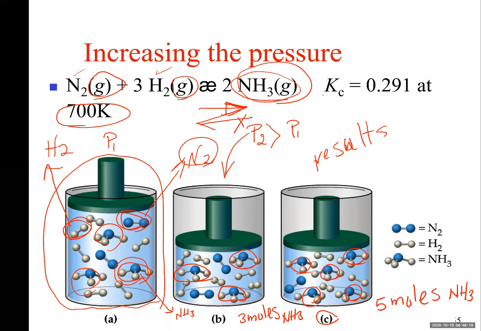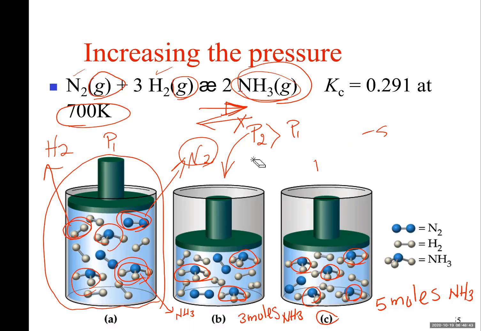It's going to shift. Is it forward or reverse? It depends on the reaction. Let's check why this reaction shifts to the right. Why does it make more ammonia? How does Le Chatelier's principle suggest that this reaction must shift to the right to make more product?